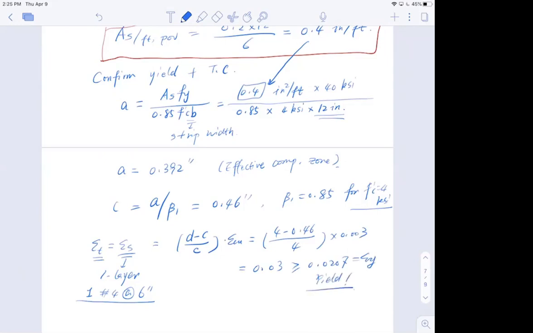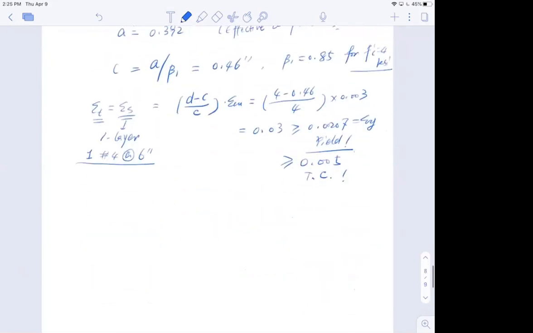This number also happens to be bigger than 0.005. Do I miss a 0 here? Yes, I missed a 0 here. 0.005, which means it's tension controlled. All right, so I finished my check here.